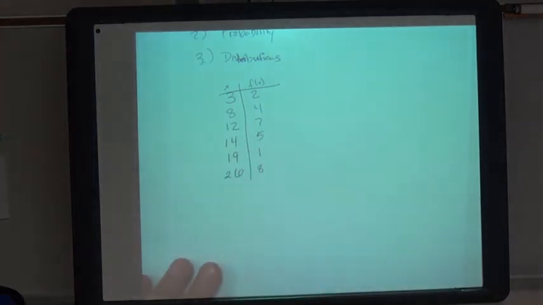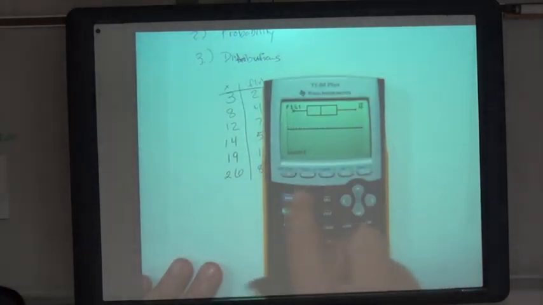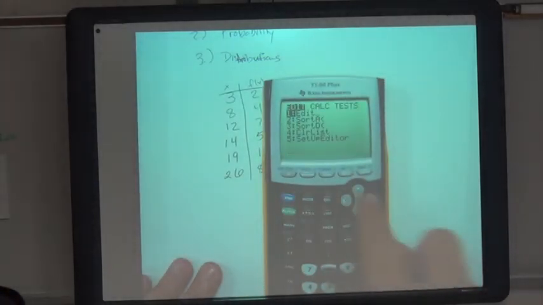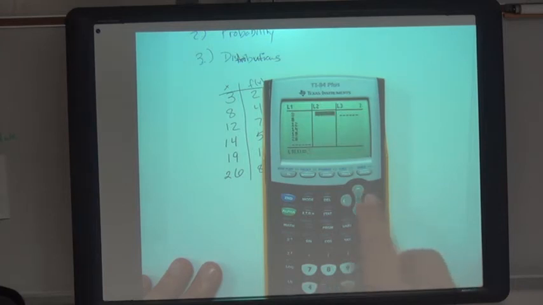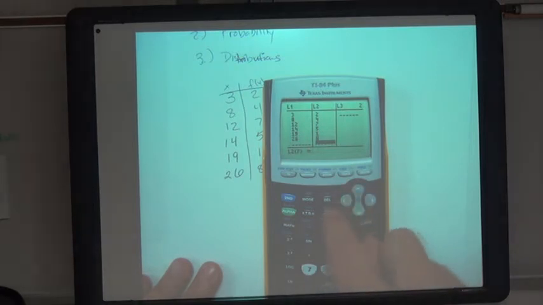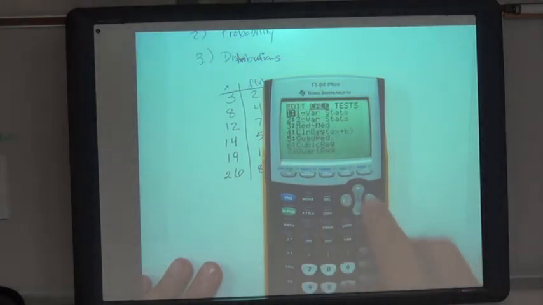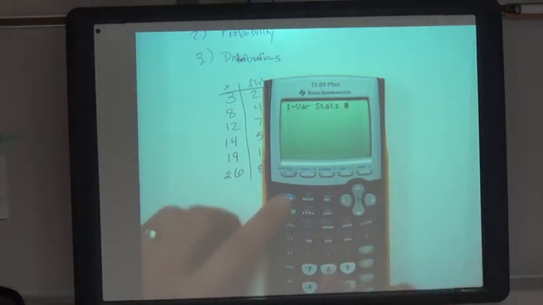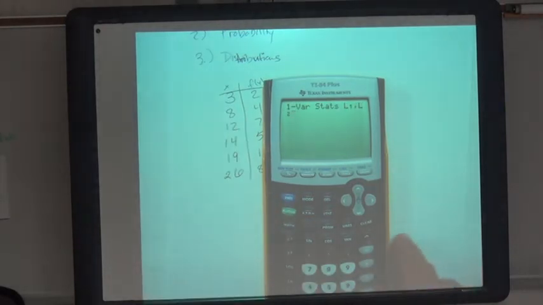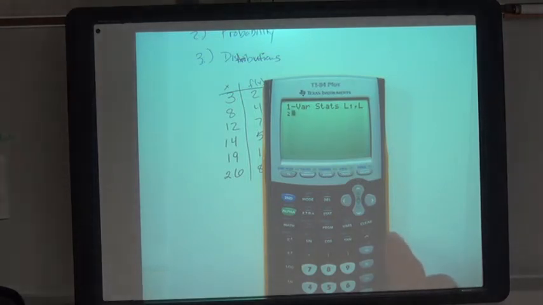You could actually just go to L2 and put in list 2 as your frequencies. Yours is going to look a little different than this, but you can put L1, L2 with the old system, or the new system tells you frequency list and tells you what to do.